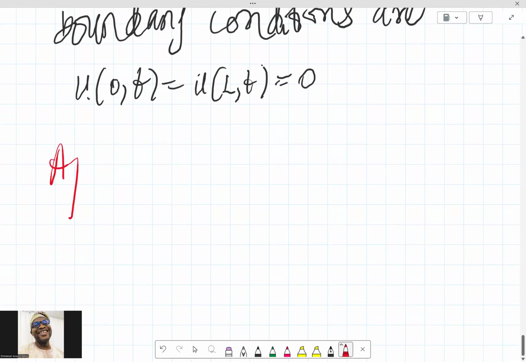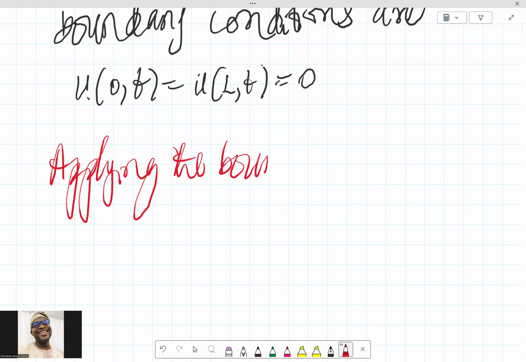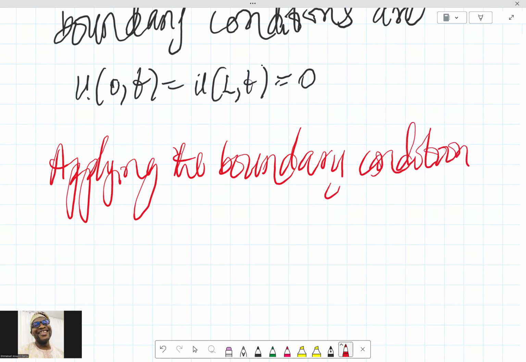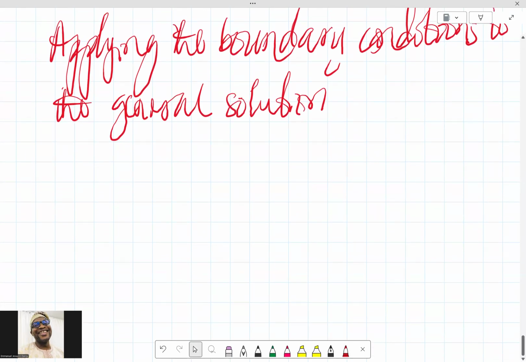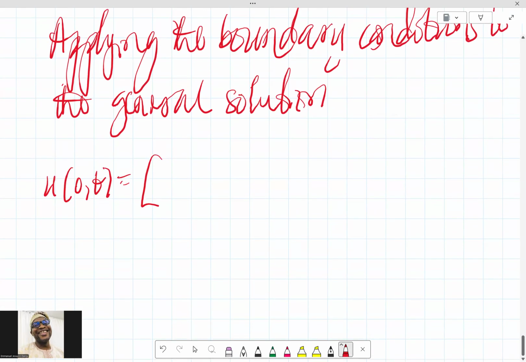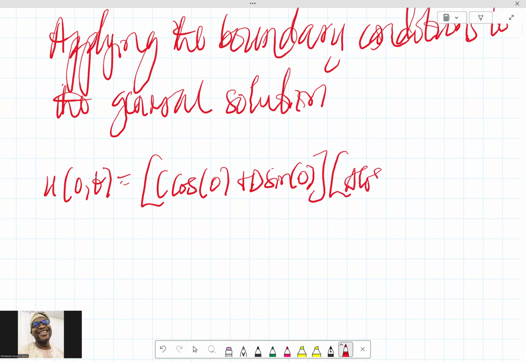Applying the boundary conditions to the general solution, we then get u of 0 comma t equals C cos 0 plus D sine 0, all of that times A cos omega t plus B sine omega t.